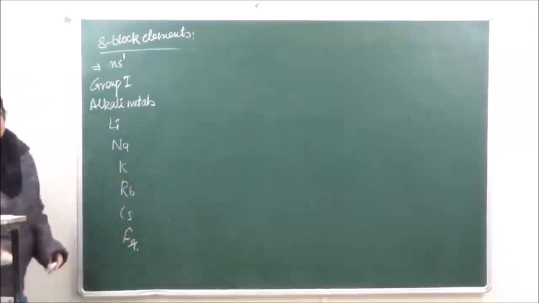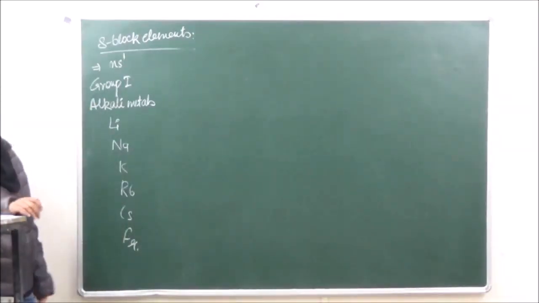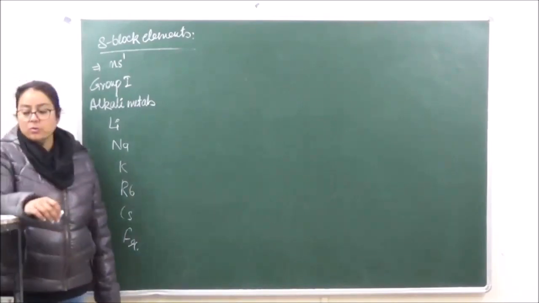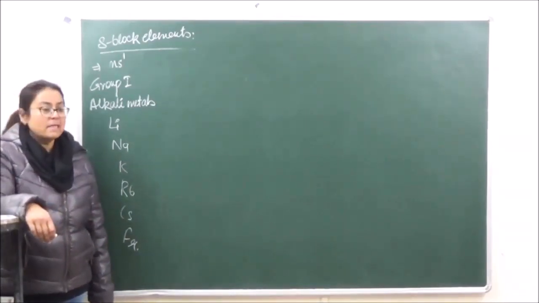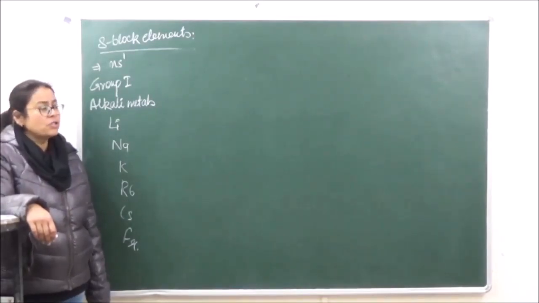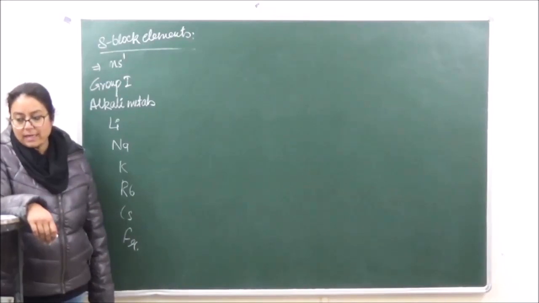So when we are talking of alkali metals and their compounds, in this case all the elements of group 1A except for hydrogen are going to be known as alkali metals, as I just told you, because they dissolve in water to make alkaline solutions. That is how they get the name alkali metals.